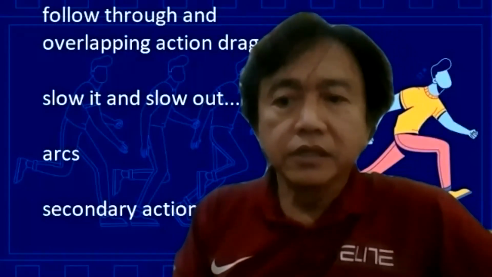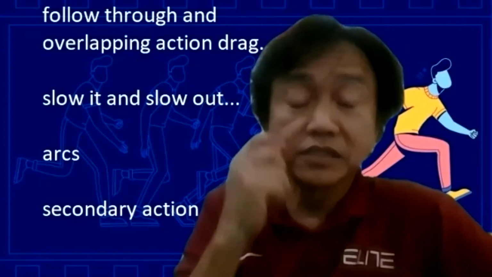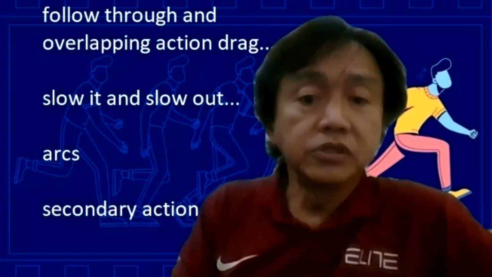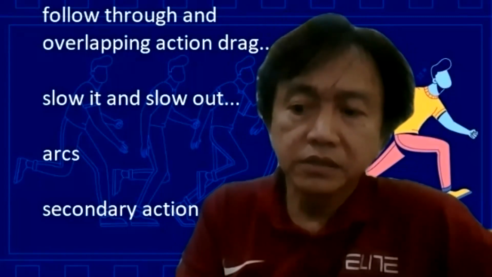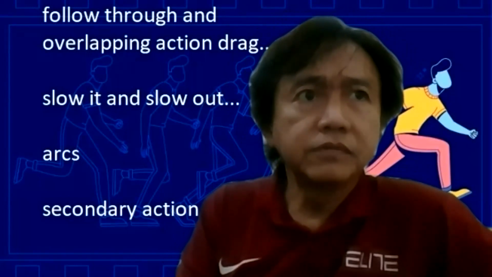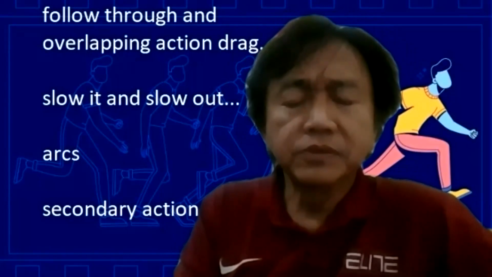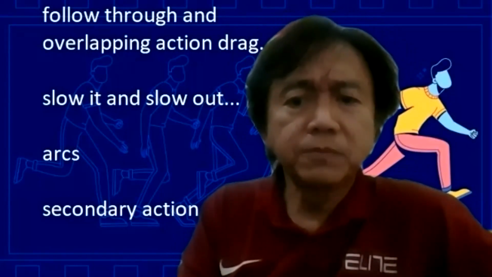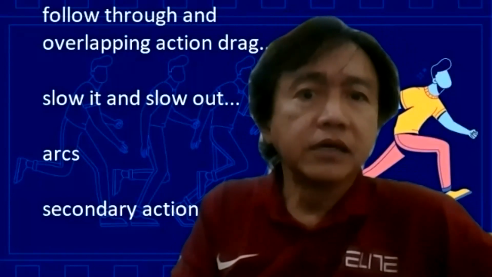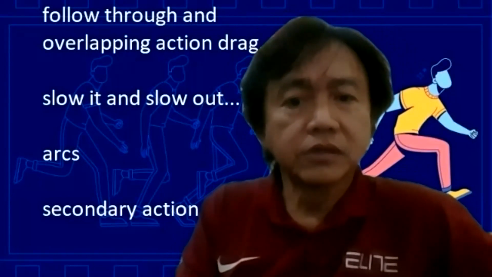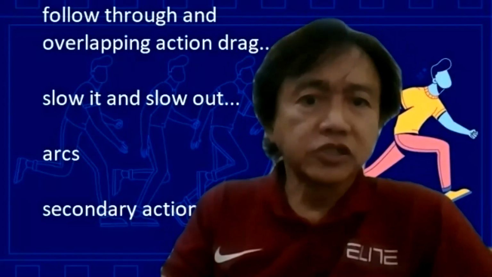Okay, hello guys and girls, and we're going to continue our classes this time with the 2D drawing, and we're going to look at the 5, 6, 7, 8 principles of animation. So we're going to look at the next four, and then we're going to understand more about the follow through and overlapping action.